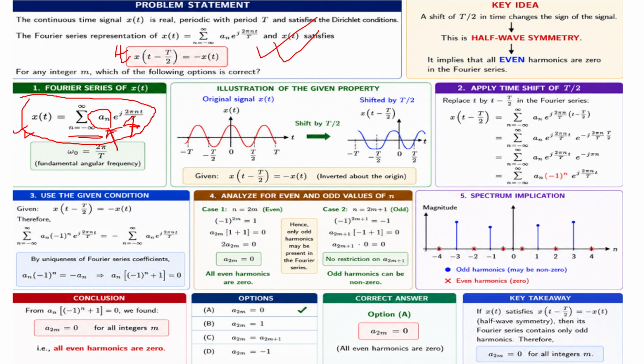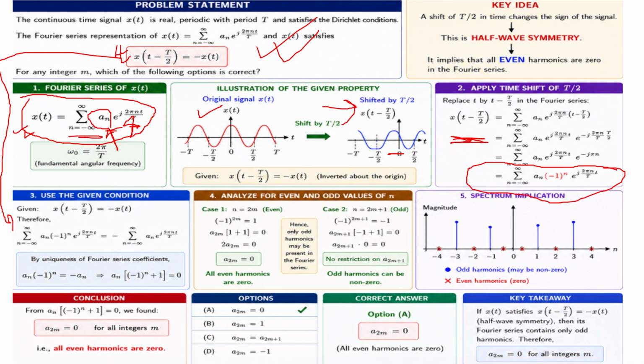Here, right? So suppose this is your x of t, and then whenever you are shifting by minus T by 2, this is your shifted signal, and then further you can find out x of t minus T by 2 here. So once we get the t minus T by 2, you can directly equate it as per the question given here, x of t minus T by 2 is equal to minus x of t.